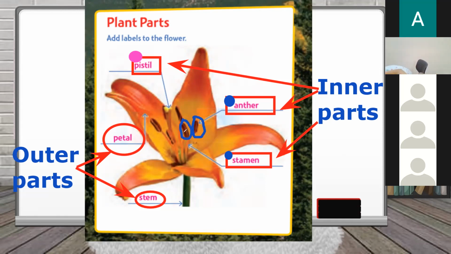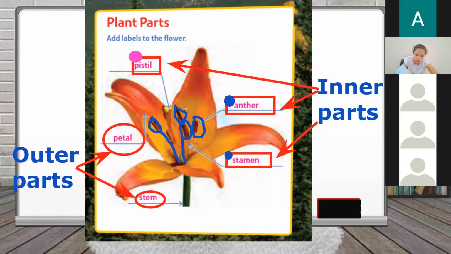Upon the anther, there is pollen. The stamen is the long stalk, holding up the anther.